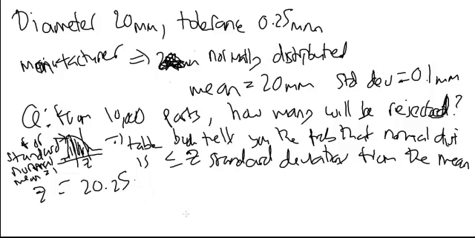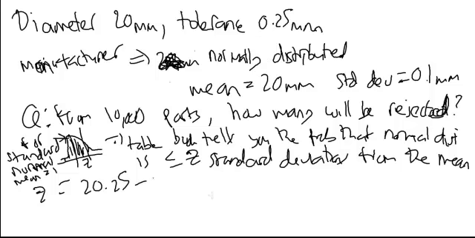So I want the probability that it's less than 20.25 millimeters. And z is how many standard deviations away you are from the mean.